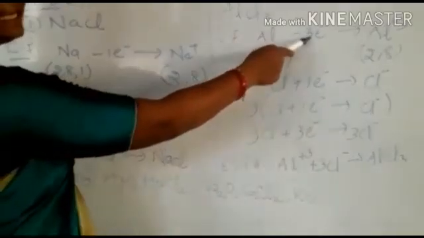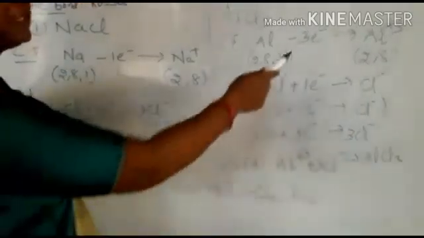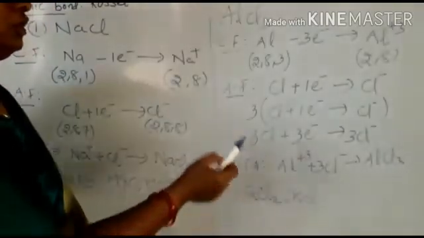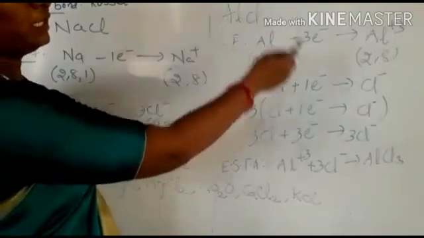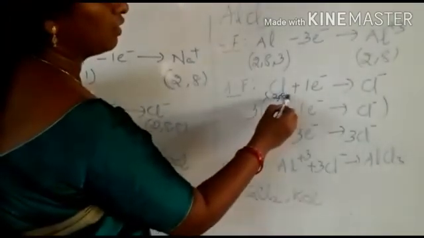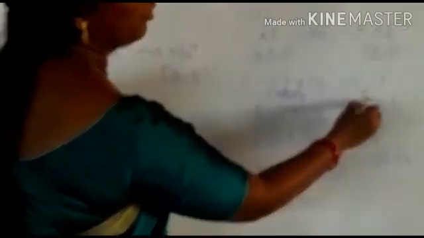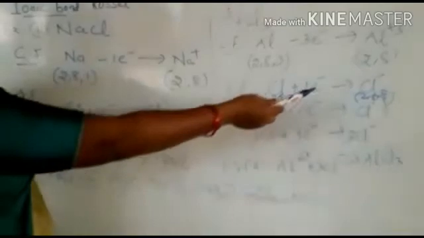So it loses 3 electrons to have 8 electrons in the outermost shell, and forms the Al3+ cation. For the anion formation, chlorine with electronic configuration 2,8,7 takes 1 electron to form the 2,8,8 configuration by forming the Cl minus ion.